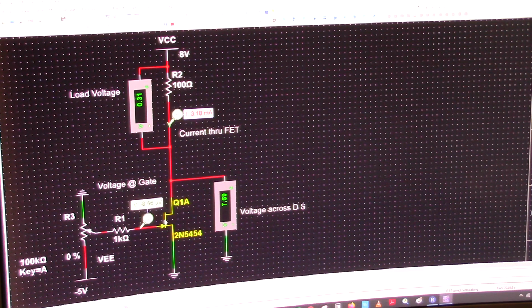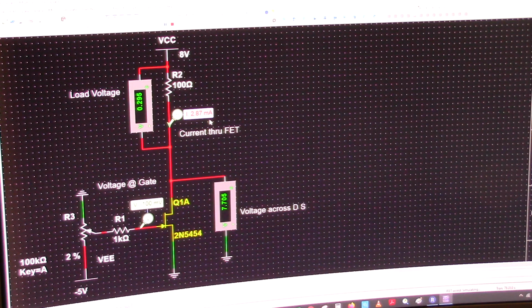So it became 3.1 milliamps, because it was 3.18 right before this. Okay, so you see how the current is going down.